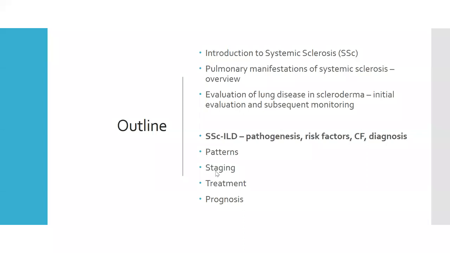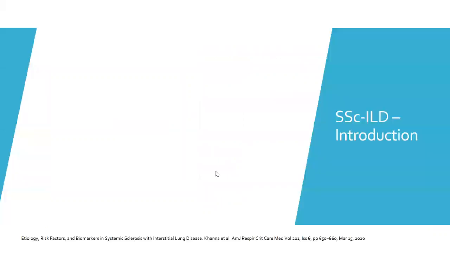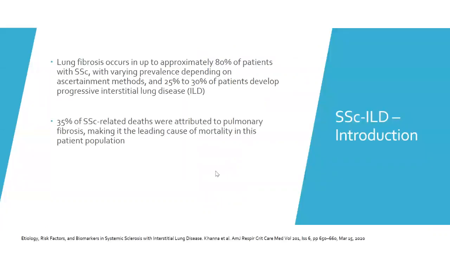With ILD, I'm going to first go through the general pathophysiology, which is similar to what we discussed, but there are some differences. Then I'll go through which patients with scleroderma are at increased risk for ILD, and the diagnostic pattern of systemic sclerosis ILD in general.